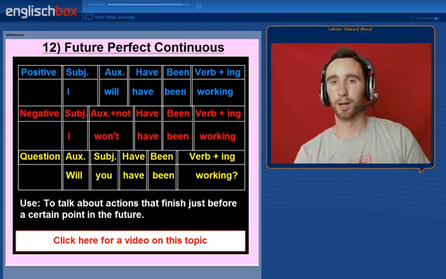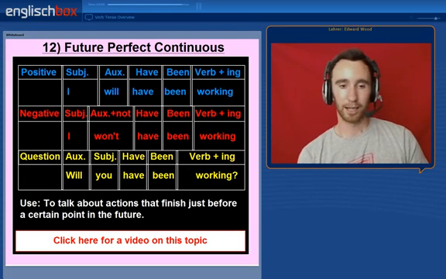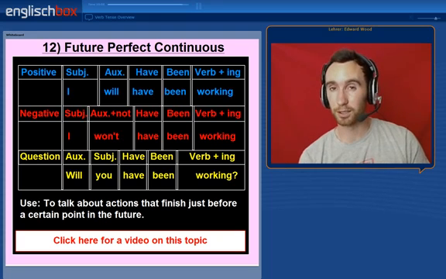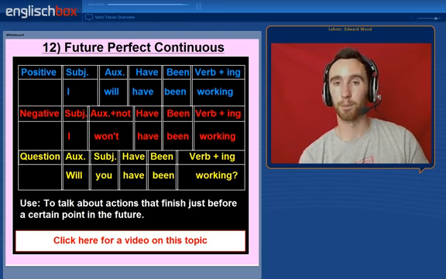Okay, the future perfect continuous. Again, in a similar way to the past perfect continuous, this is to describe an action that just finishes before another point in the future. I will have been working, I won't have been working in negative, and will you have been working as a question.